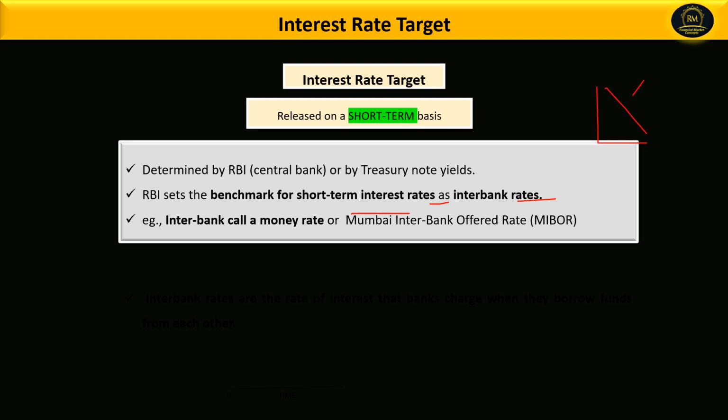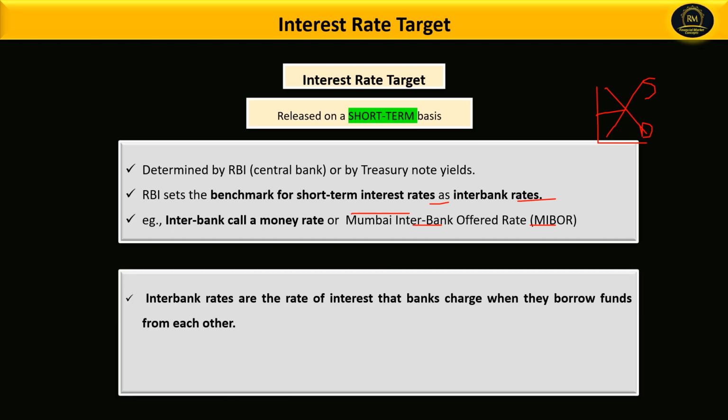It totally depends upon the demand and the supply of loans and how the rates of interest are decided in the market. So this is a very sensitive rate, totally governed by demand and supply, and it is also called the Mumbai Interbank Offer Rate or Interbank Call Money Rate.